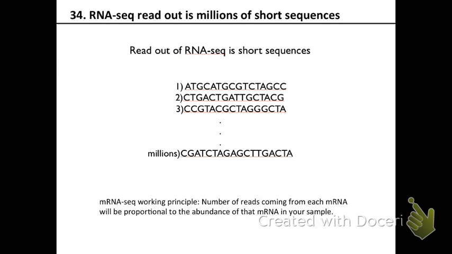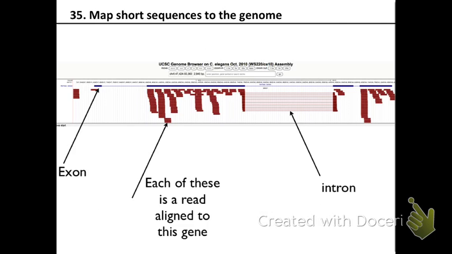All right. So here's an example. What you do is you take your reads, just like in the ChIP-seq example. You take the reads from your RNA-seq data, and you go to the genome and ask, where does this read come from in the genome? And then you align your read to the genome. So this is a UCSC genome browser view of the data. What you're looking at here is a gene.